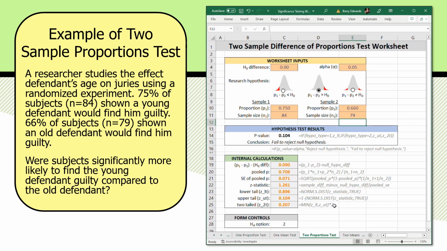But the researcher has failed to disprove the null hypothesis. These results could have happened by chance fairly regularly, so we should not dismiss the null hypothesis. So to answer the question, were subjects significantly more likely to find the young defendant guilty compared to the old defendant? The difference is not statistically significant.